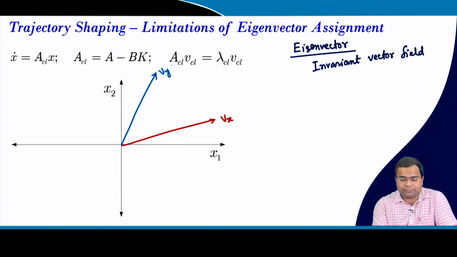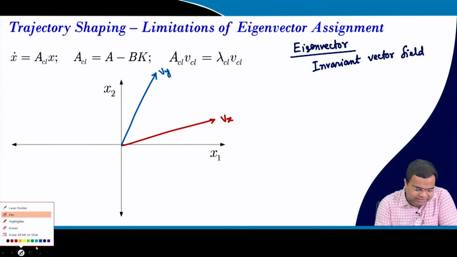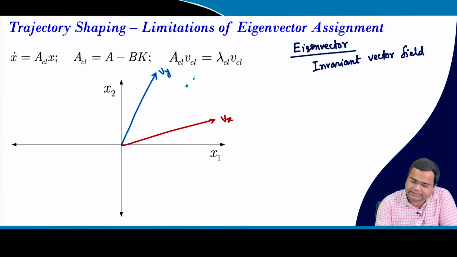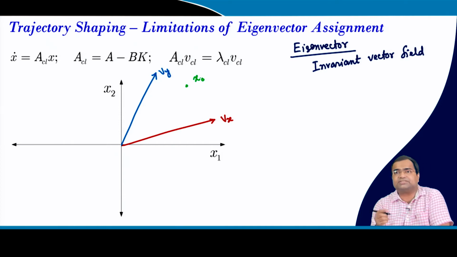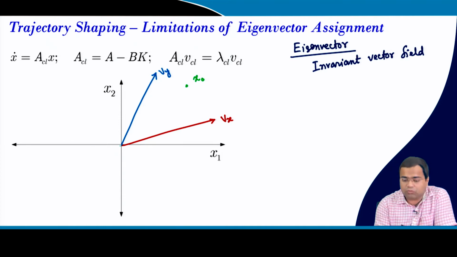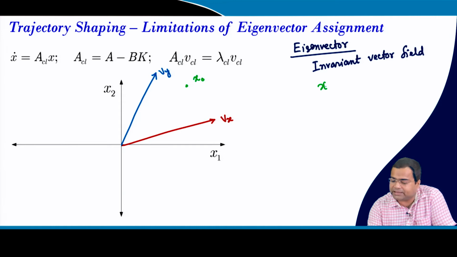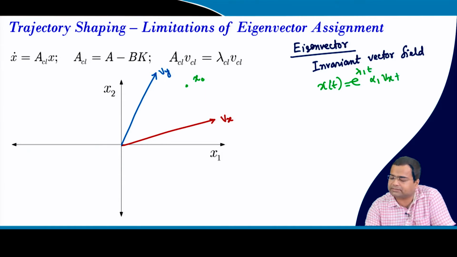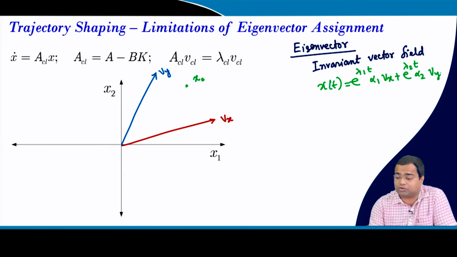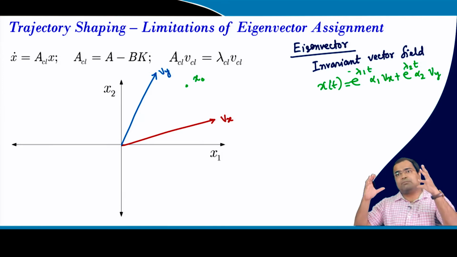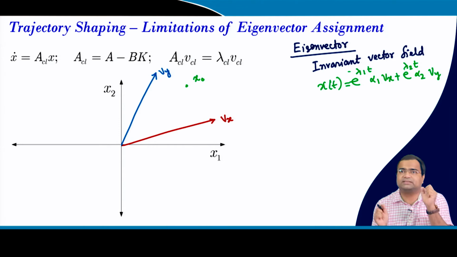Now, if we choose an initial condition here, x0, how the trajectory moves towards the origin will be decided by the two eigenvectors, because x of t can be written as e to the power lambda 1 t alpha 1 Vx plus e to the power lambda 2 t alpha 2 Vy. We have control over lambda 1 and lambda 2 because we are placing them, but we have hardly any control over the eigenvectors, that is one fact.